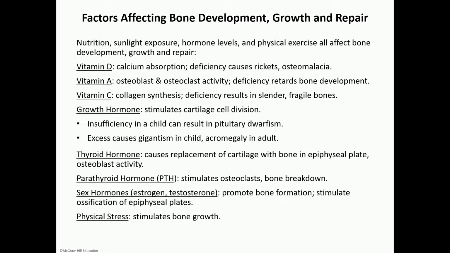Parathyroid hormone stimulates osteoclasts, so it actually helps in breakdown of bone. So you definitely want to keep that in mind. When osteoclasts are stimulated by PTH and bone starts to break down, releasing calcium from bone, that extra calcium will go to the bloodstream.